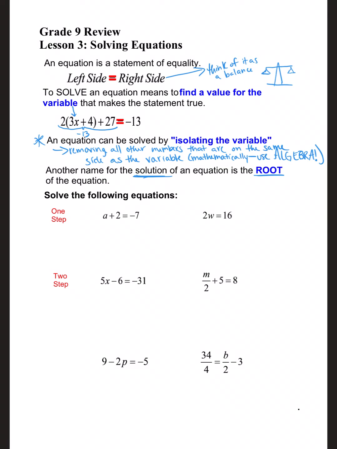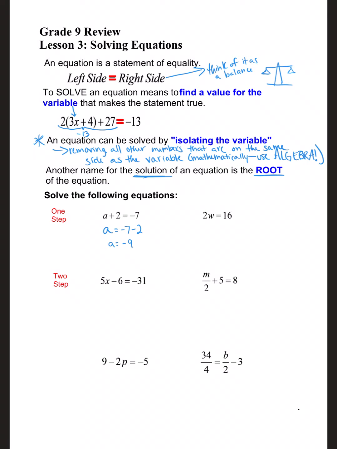Last year we would have talked about when we're moving things to the other side of the equation, we want to do the opposite operation. To move the 2 over to the right side, because right now it's a plus 2 on the left, we're going to change it to a minus 2. So we're left with a equals a negative 9.